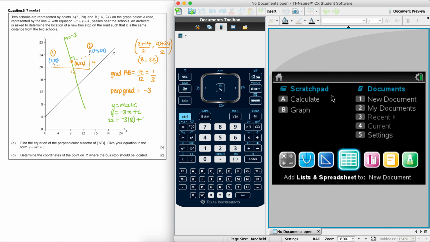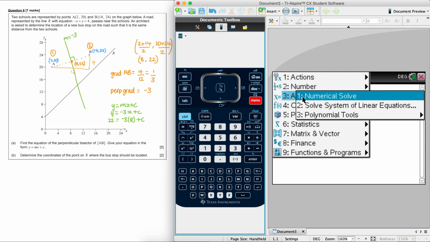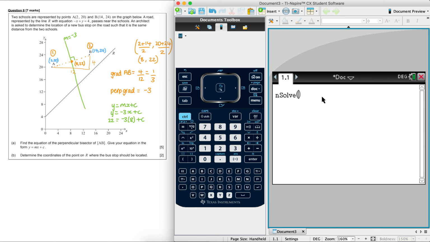So I know it works for that midpoint, and that will allow me to find the c value. And I can actually use my GDC for this. So I can do menu, algebra, and numerical solve, and I can substitute into here. So 22 is equal to -3 times (8) plus c, comma c, and therefore c is equal to 46.